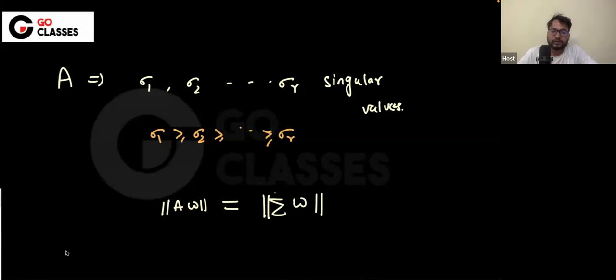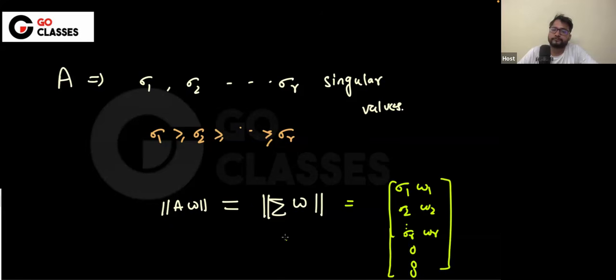And now whatever the sigma is doing, you can just treat like this. Okay, it is basically sigma 1 W1, sigma 2 W2 like this, right? Sigma R WR, and now this is 0 0 0. Okay, if these are the zero singular values, then you can have 0 0 0 also. So like this, this vector is this.